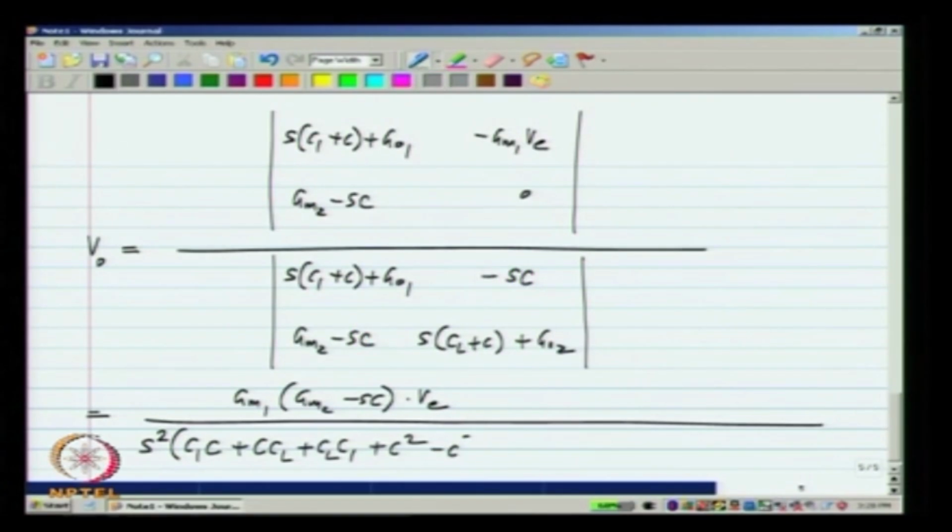And in fact, this cancels with that one, and we will have a number of terms containing s, that is due to the product of this with this, this with that, and this with that one.